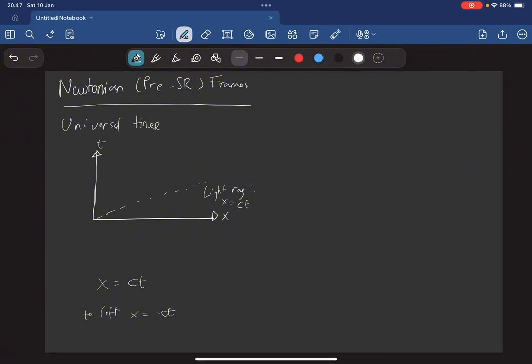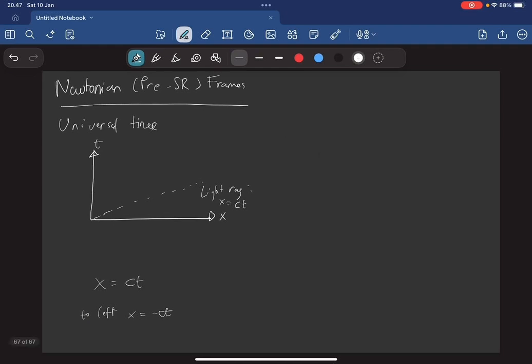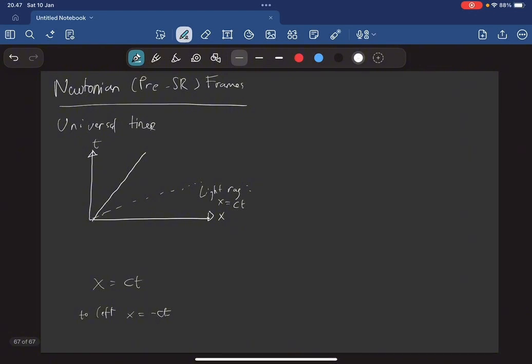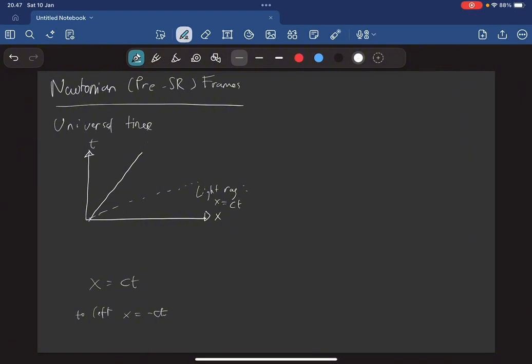As an exercise, you can redraw them for negative v. So this is me, where I move with velocity v. But in my reference frame, I'm not moving.